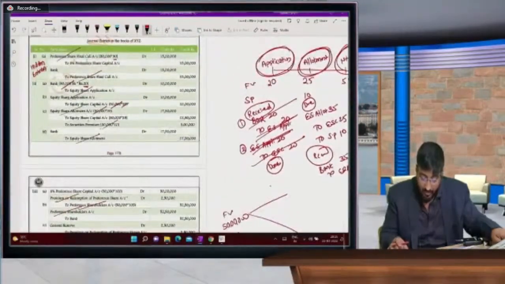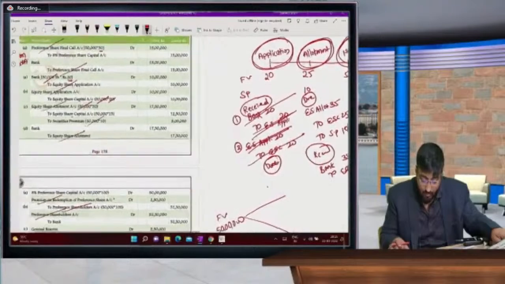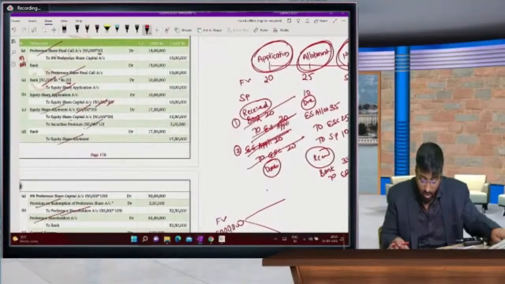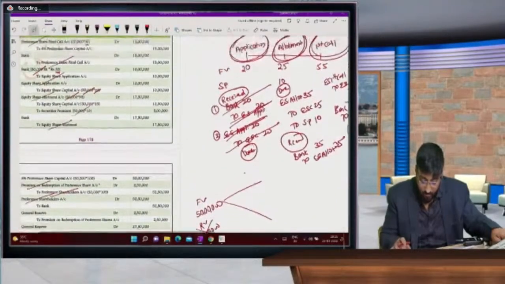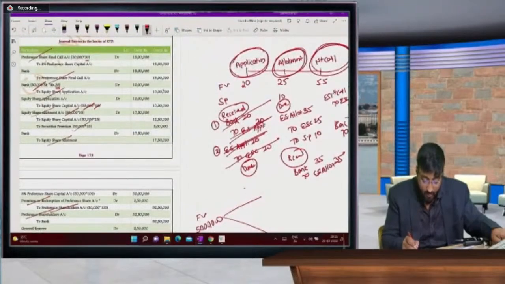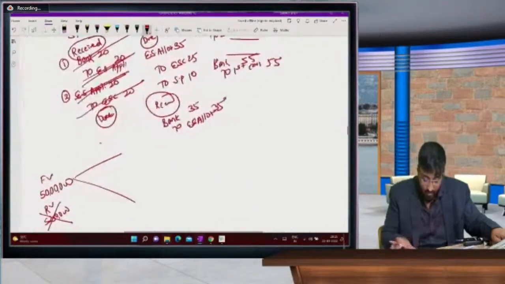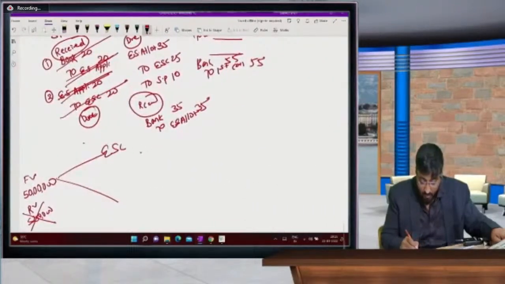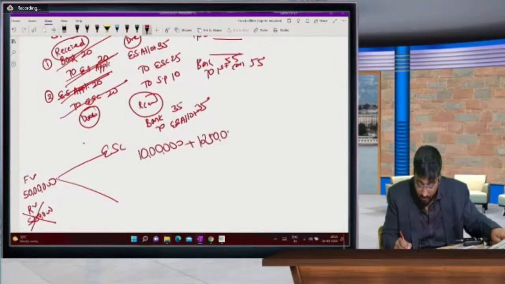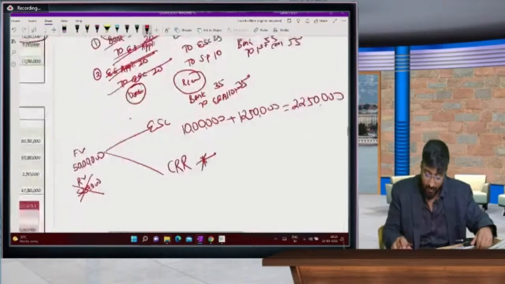उसमें से कैपिटल स्ट्रक्चर कितने का मेंटेन हुआ? Capital 10 lakhs and equity share capital 12,50,000. So your Chitra 10 lakhs and 12,50,000, 22,50,000. So CRR is a balancing figure.